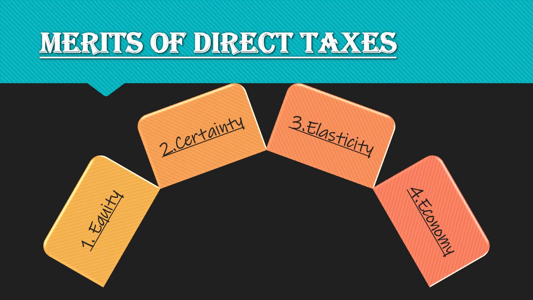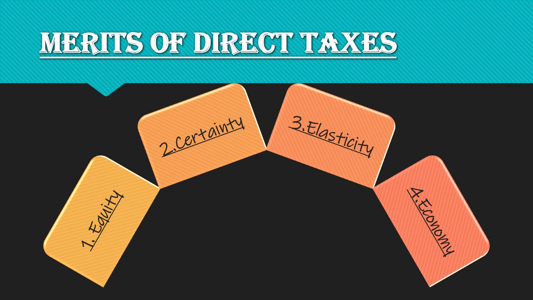Someone who is earning a lot will never feel anything while giving a higher tax to the government. But you know very well, if the person is earning very low income and if he is giving a huge amount of tax to the government, obviously it feels to him. So that's why our government focuses on progressive tax rate. It is a kind of advantage of direct tax to the public also.